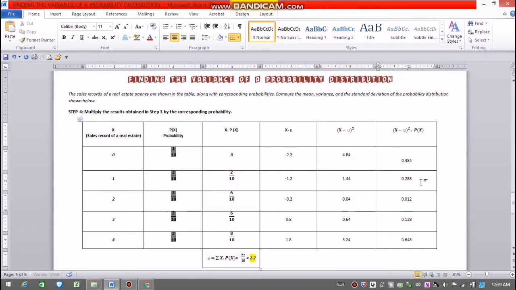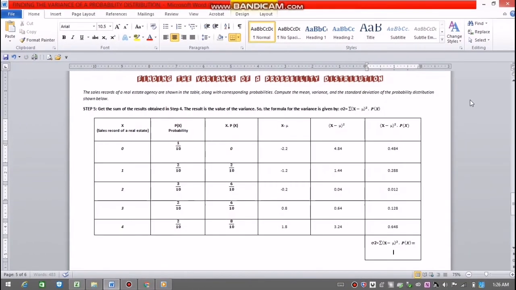0.484, 0.288, 0.012, 0.128, and 0.648. For the fifth step, get the sum of the results obtained in step 4. The result is the value of the variance. The formula for the variance is sigma squared equals the summation of the value of the random variable minus the mean of the probability distribution squared, multiplied by the probability of the random variable x.